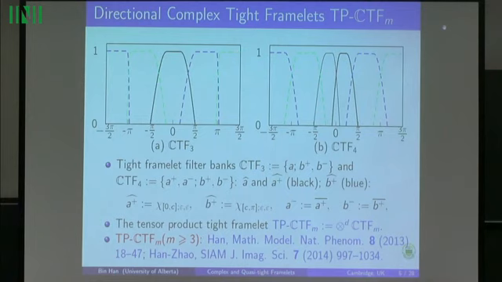This is a high pass filter, and this one has 3 filters: you have a B plus and also a B minus. So 3 stands for 3 filters, 1 low pass and 2 high pass, and you can also do more.